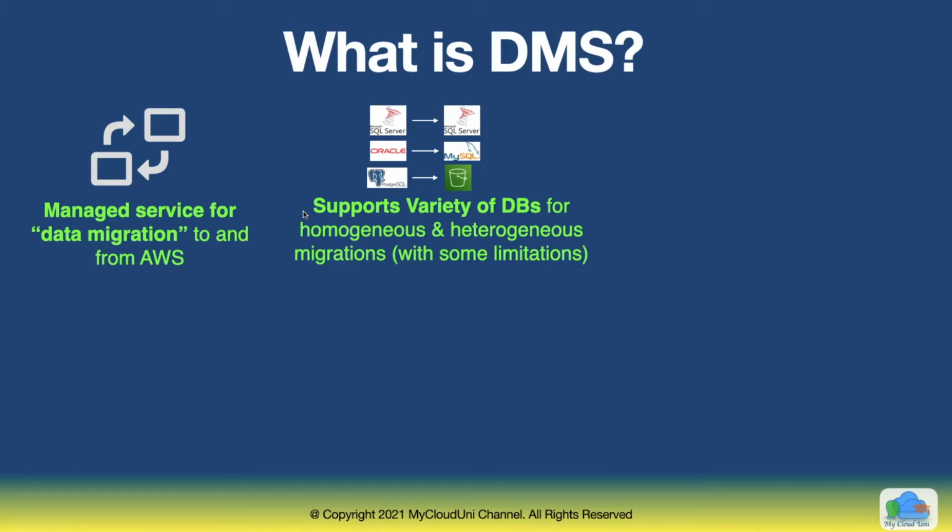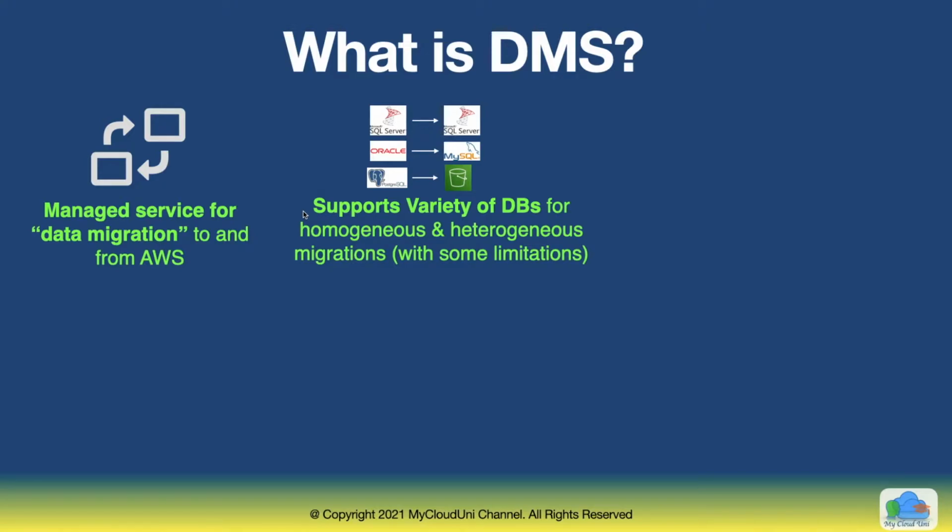So DMS supports a number of data sources. It supports commercial popular databases such as SQL Server or Oracle. It supports a number of AWS services such as S3 or DynamoDB, where you can write data to. It basically supports both the homogeneous and heterogeneous type of migrations.